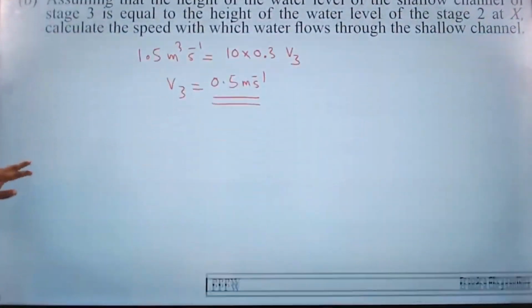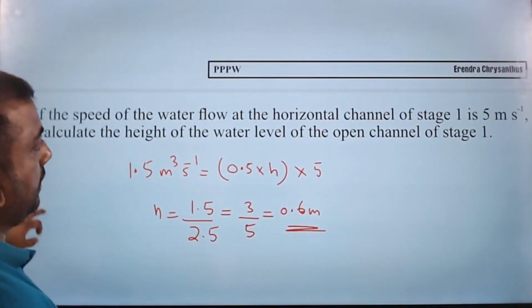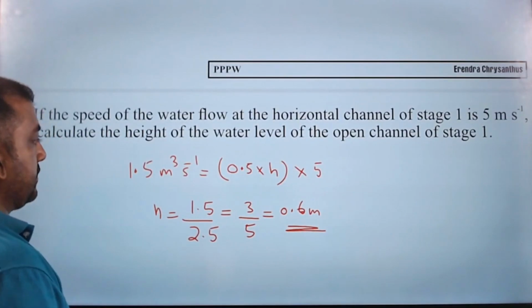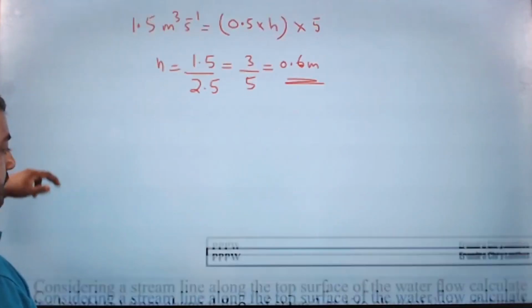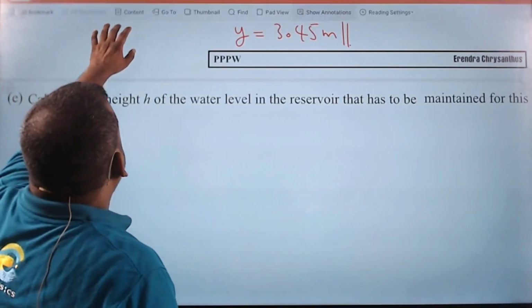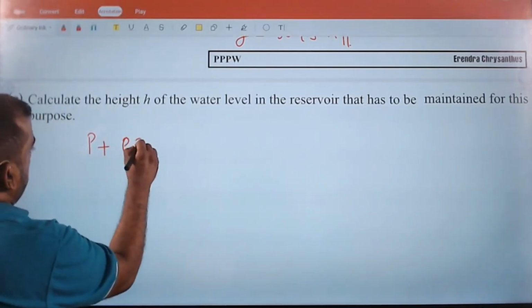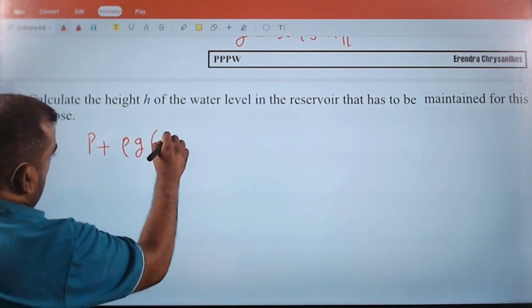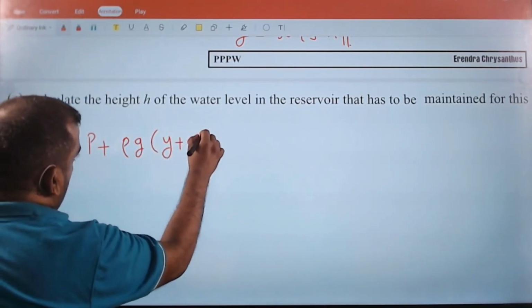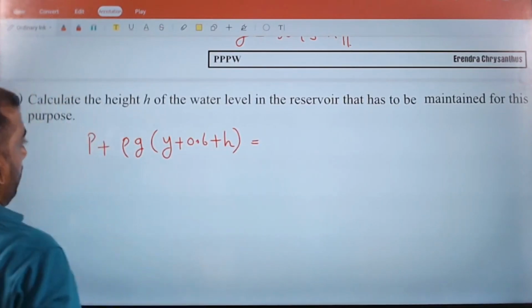be a bit careful. Stage 1.6 is also there. From the datum line, P plus rho g, y plus 0 plus 0.6 plus H. Velocity is negligible.